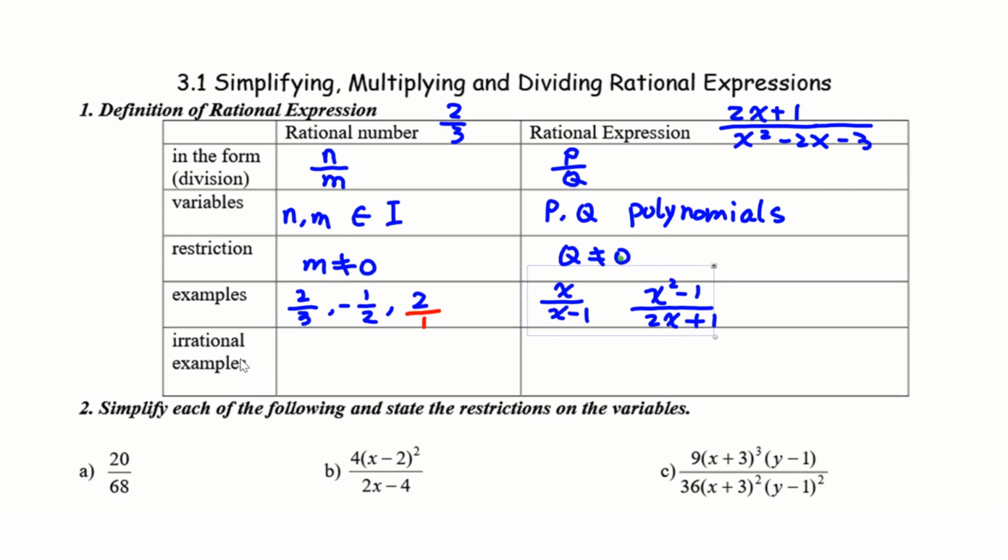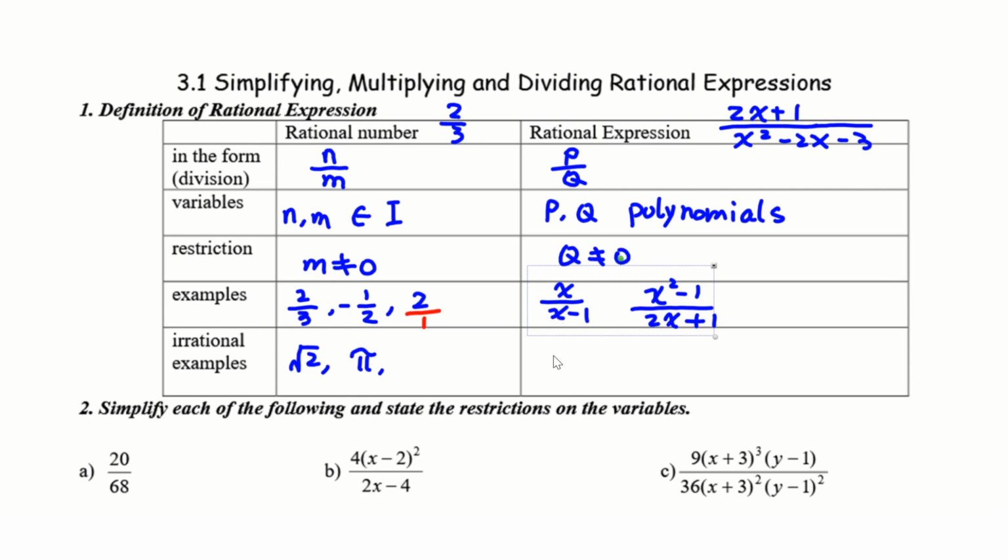Now the irrational examples. Irrational examples are not rational numbers, so the numbers couldn't be written as a fraction. For example, square root 2 couldn't be written as an integer divided by an integer, or the number pi. They are irrational examples.